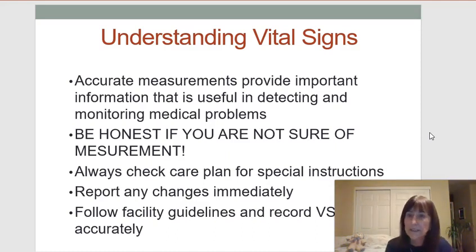It's better to just say, I'm not sure. I felt like I got a pulse of 110, but I'm not sure. So at least the person you're reporting to knows, because they're going to make judgment calls on what to do. Okay, so that's why we have it in big print. Be honest if you're not sure of the measurement.